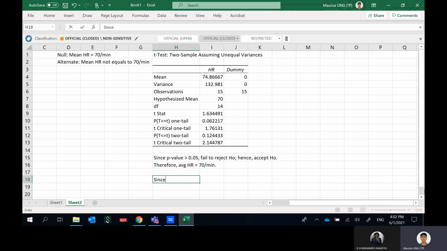Else you'll be writing this: since T is less than T critical. Yeah, correct. Then you do the same thing. You can also write it in the opposite way, that since T critical is more than T, and that will just mess your head up.